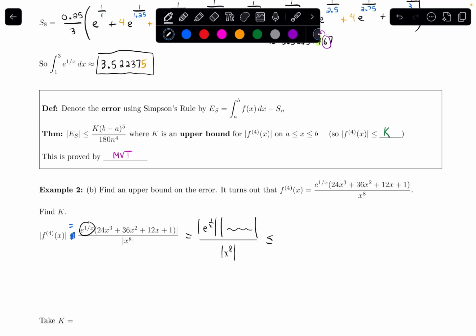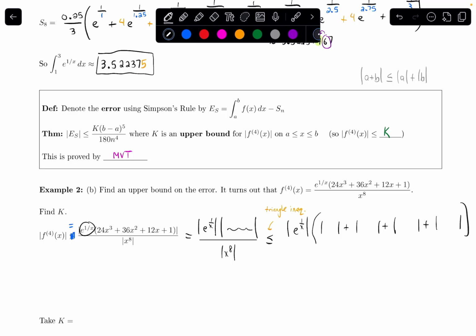Remember, the triangle inequality says when you have the absolute value of a plus b, that's less than or equal to the absolute value of a plus the absolute value of b. We saw that in the last video. So I'm going to keep that e term as it is. And with all these things added together in the absolute value, I'm going to split it up and use the triangle inequality to get the absolute value of the first thing, plus the second, plus the third, plus the fourth.